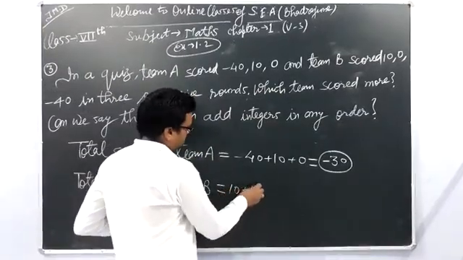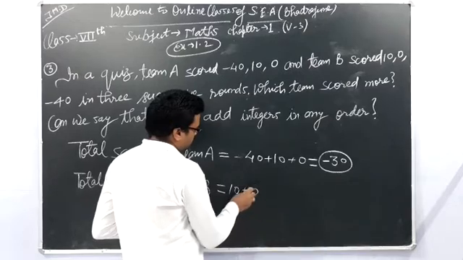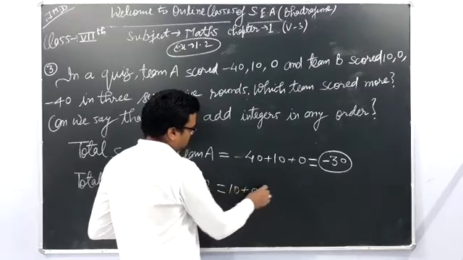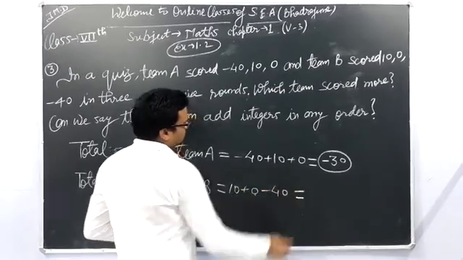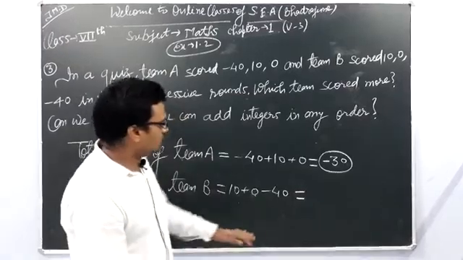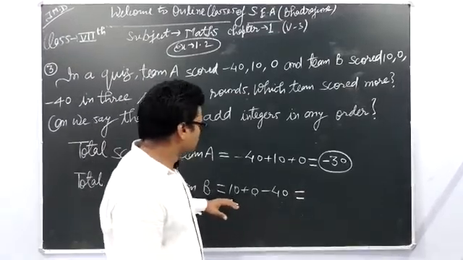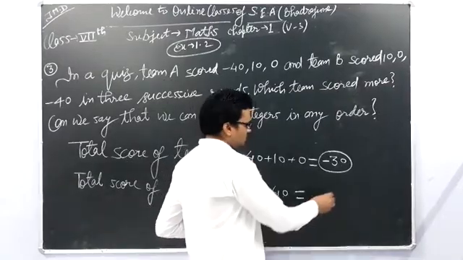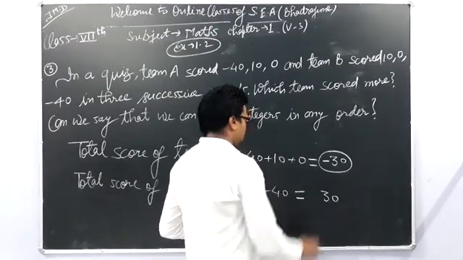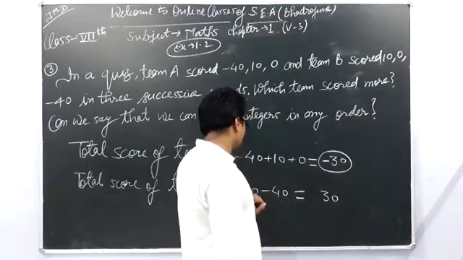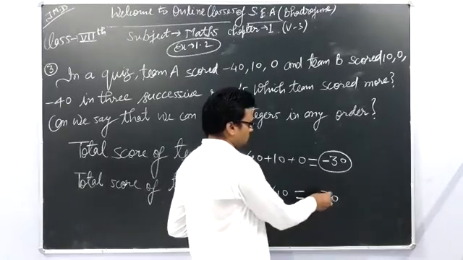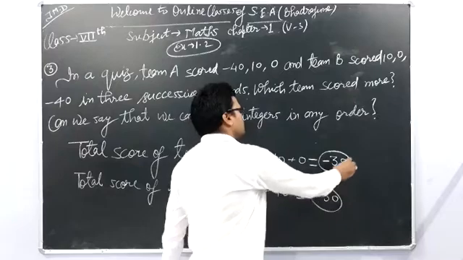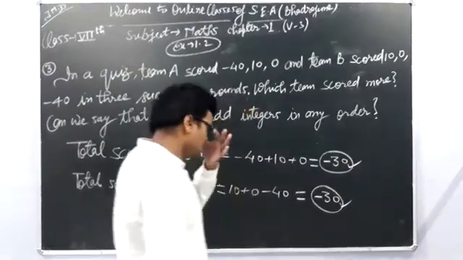Here we will also get a difference, because one is positive and one is negative. The difference is 40 minus 10, which is 30, and since 40 has the minus sign, here also we get a minus. This is -30, this is also -30.